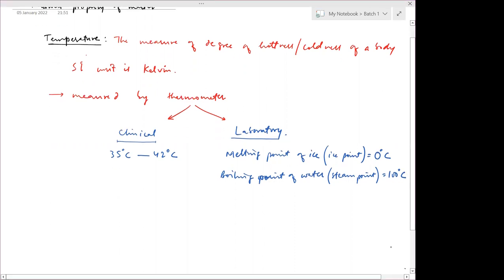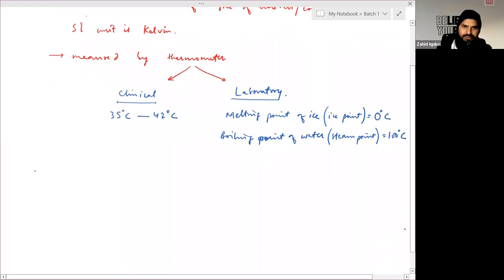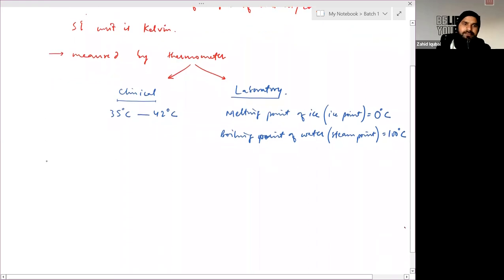Now, to define scale for measurement of temperature in any different form, let me define a generalized formula. For scale for measuring temperature, T minus LFP divided by UFP minus LFP will be always constant.